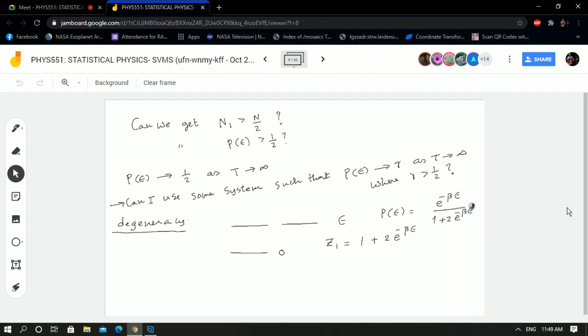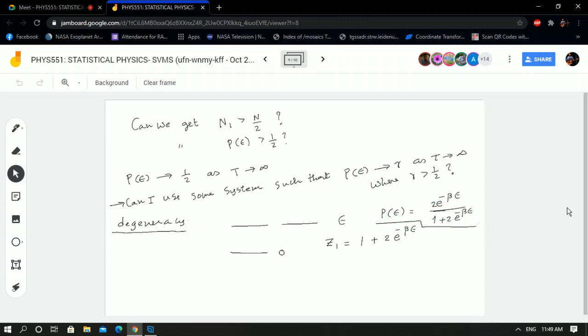But that is not correct, because we are interested in the probability of the excited state, but there are two excited states. We don't care whether it is in this excited state or that one. So you have to put a 2 here. Correct? We are interested only in the probability of that energy.